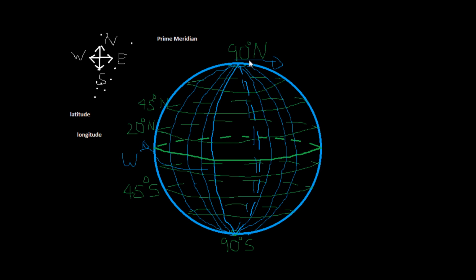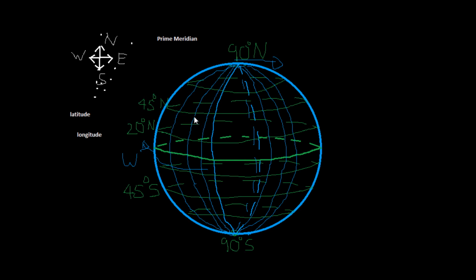So as you can see, if you draw all these lines, 90 lines of latitude north, 90 lines of latitude south, the green ones, and then 180 lines of longitude west, the blue ones here, and 180 lines of longitude east on this side here, we're going to have a grid. The Earth is going to be divided in a grid.